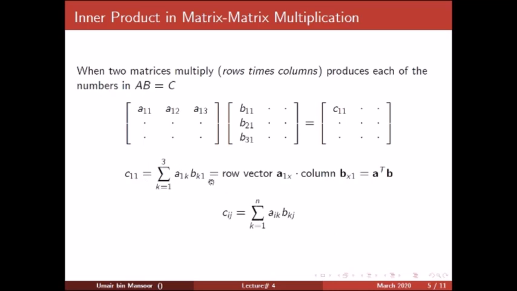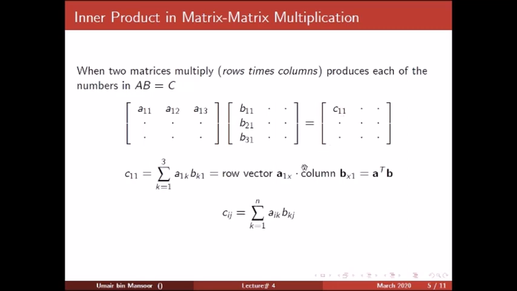This summation is the scalar view, but in terms of vector views, we can show it as this inner product. So this inner product is actually producing a single element of matrix C.